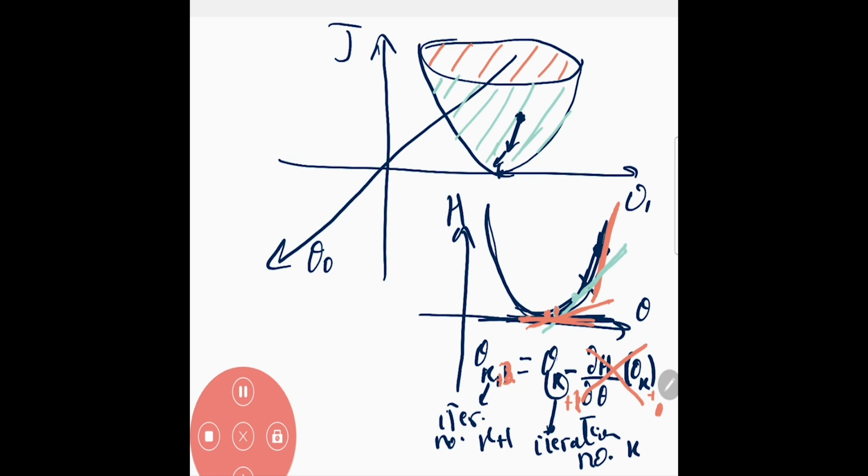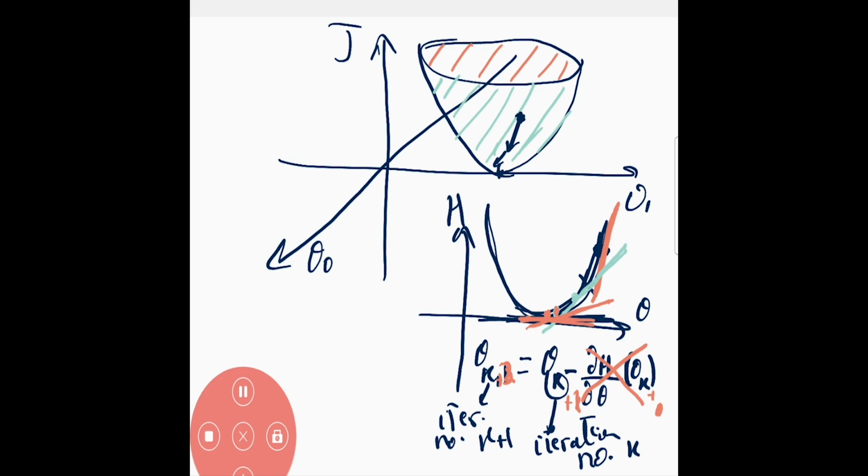And as a result, theta k plus 3 will be equal to theta k plus 2. So that means if you apply gradient descent over and over, we'll eventually reach the minimization point. So this is the concept behind gradient descent.